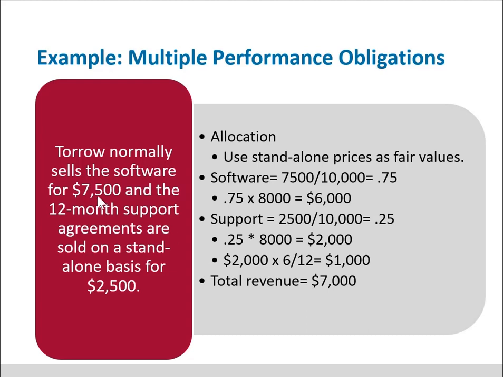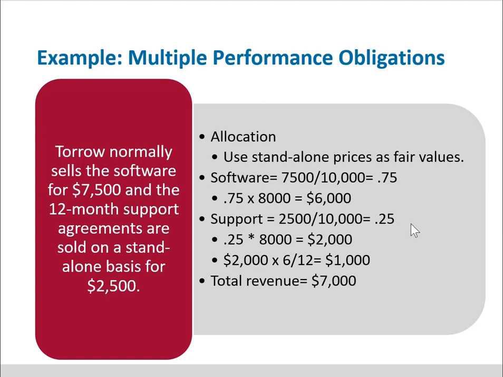We're going to take the $7,500, that's the normal standalone selling price for the software, and divide it by the total value of the software and the support agreement. So the denominator here is the $7,500 for the software plus the $2,500 for the support agreement. So the software is 75% of the total fair value, and what that means is we're going to allocate 75% of the contract price to the software, or $6,000.